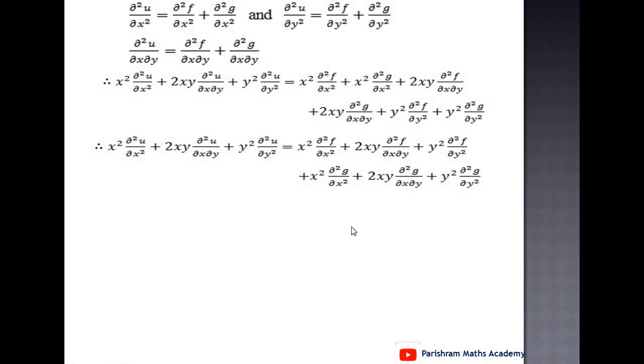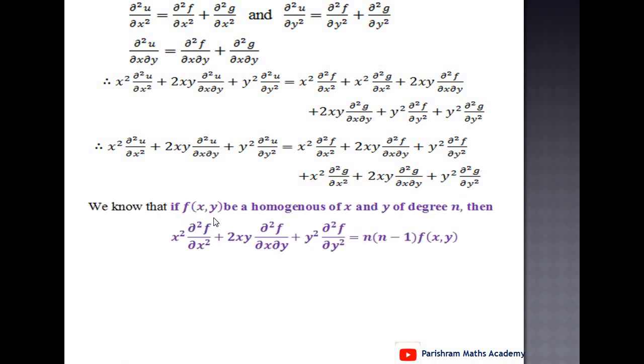Now, we know that if f(x, y) is a homogeneous function of degree n, then x² ∂²f/∂x² plus 2xy ∂²f/∂x∂y plus y² ∂²f/∂y² equals n(n minus 1) f(x, y). If f is homogeneous of degree n, the value of this term is n(n minus 1) f(x, y).